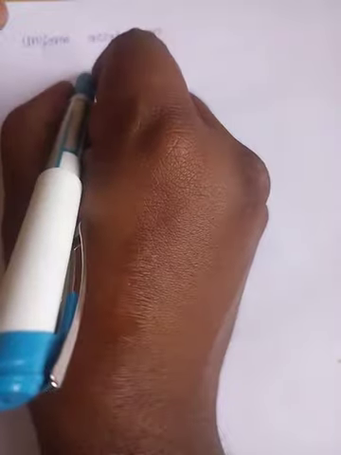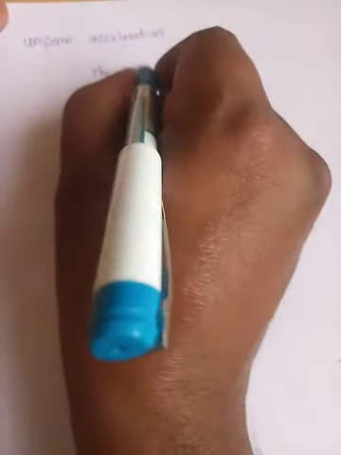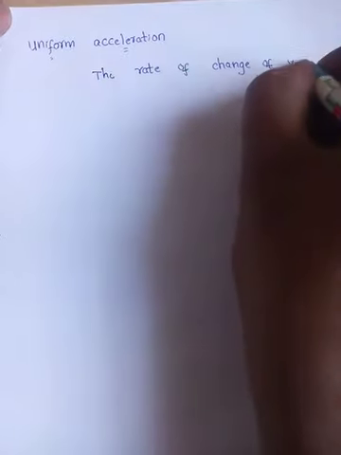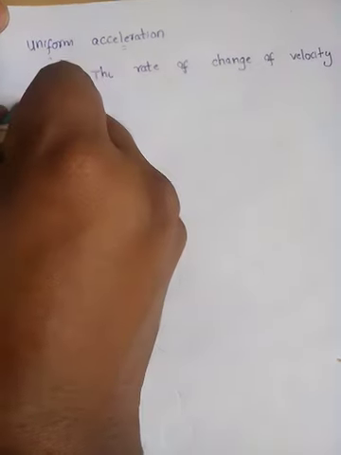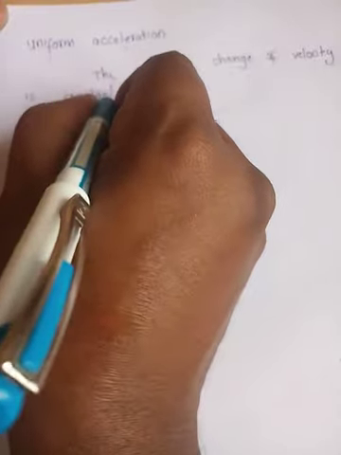The change of velocity with respect to time is constant. So it is defined as: if the rate of change of velocity is constant, then it is said to be having uniform acceleration.